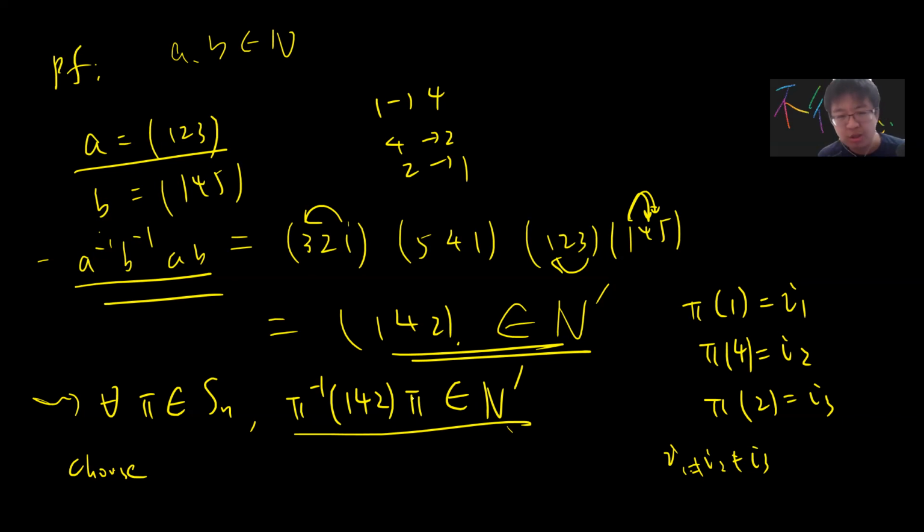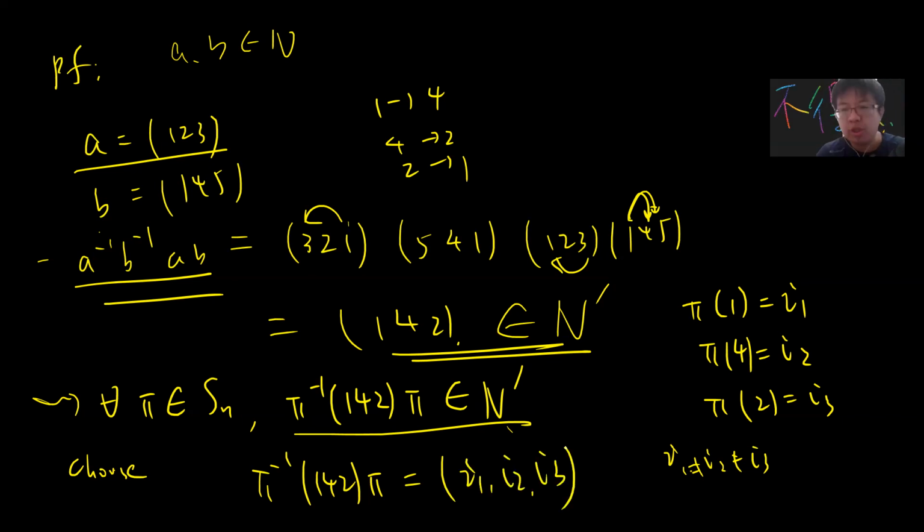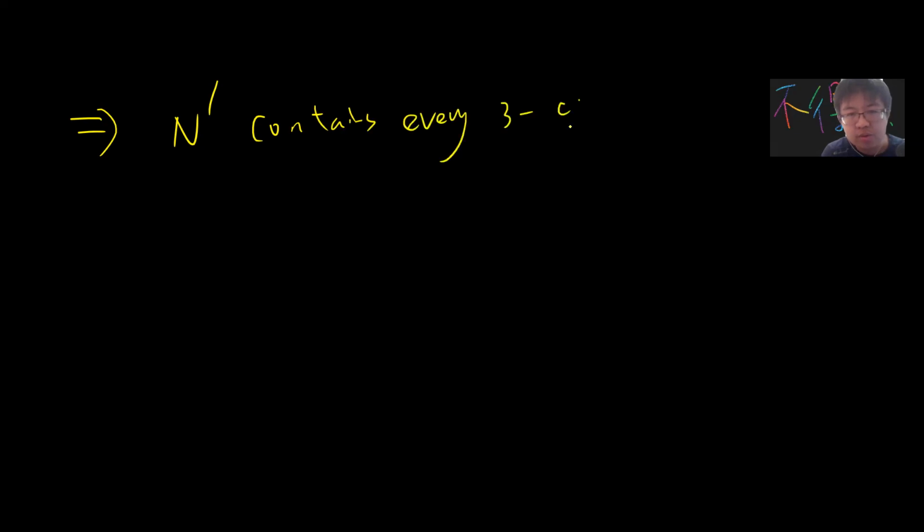This will tell you that N prime contains every 3-cycle, right? Because you can choose pi to satisfy this relationship. Then this guy, pi inverse (1 4 2) pi, will be just (i1 i2 i3). Okay, which tells you that N prime contains every 3-cycle.